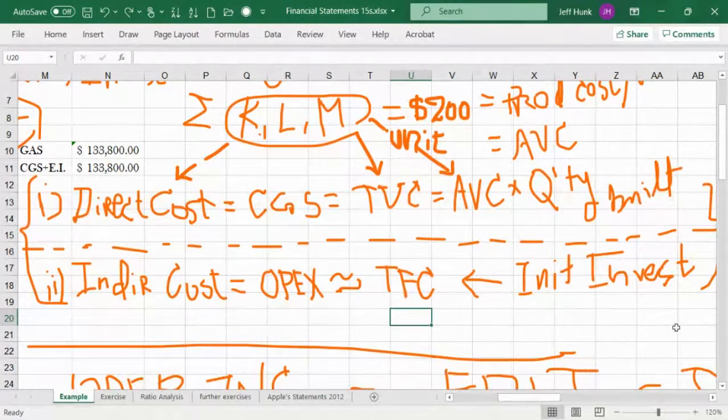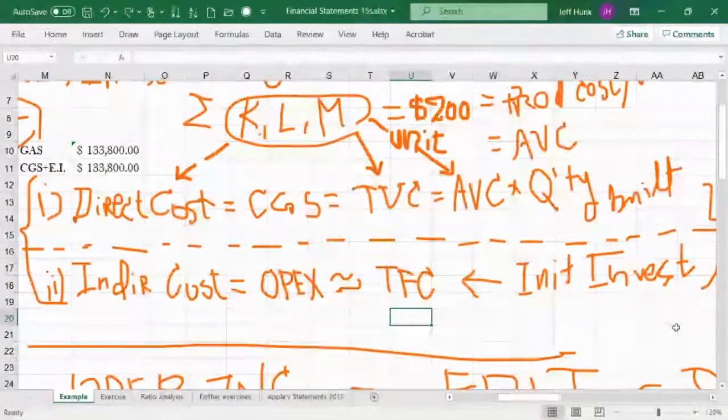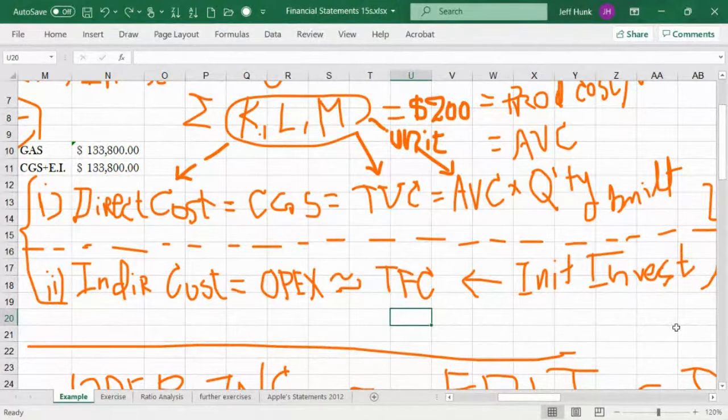Before selling anything, first, you cannot sell anything because you haven't made anything yet, and you haven't made anything because there must be the plant and equipment first.